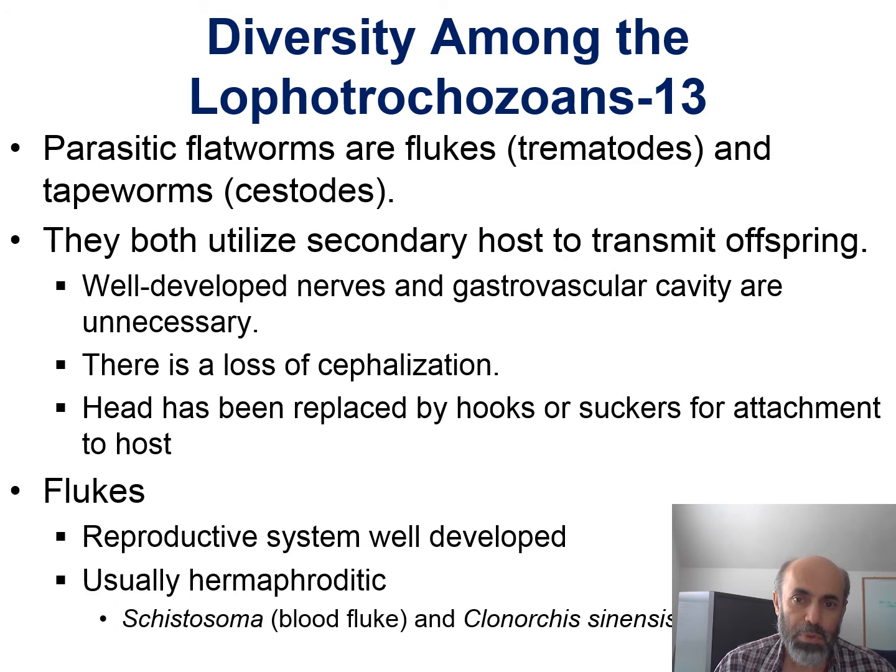So the two members that we have seen in the lab, flukes and tapeworms, both are flat. Their body is very well designed. There is a loss of cephalization, meaning that their sensory organs are not located in the anterior part of their body. So their anterior part of the body is modified in the form of some type of suckers, because that's what they usually do.